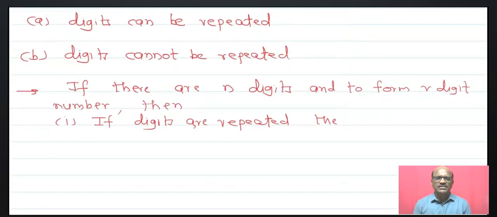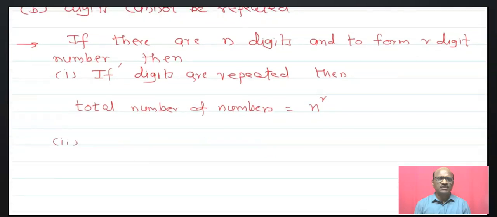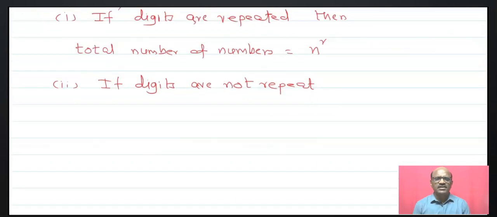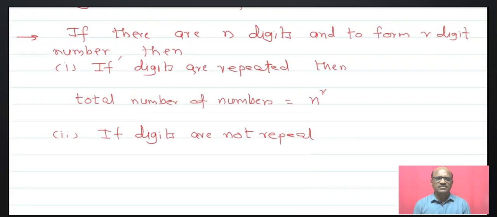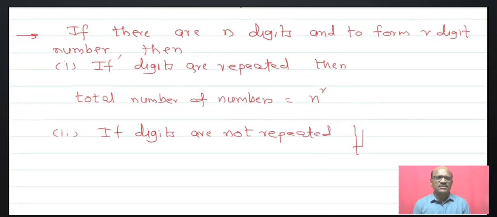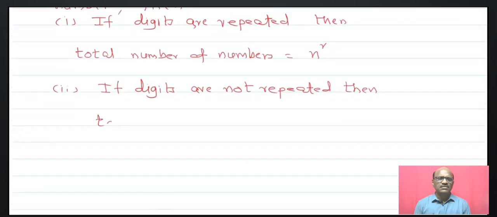In this case, the total number of numbers is equal to n raised to r. If the digits are not repeated, then it is written as nPr. These are the important formulas for this.